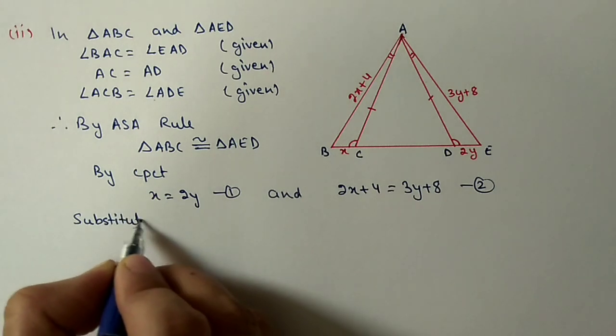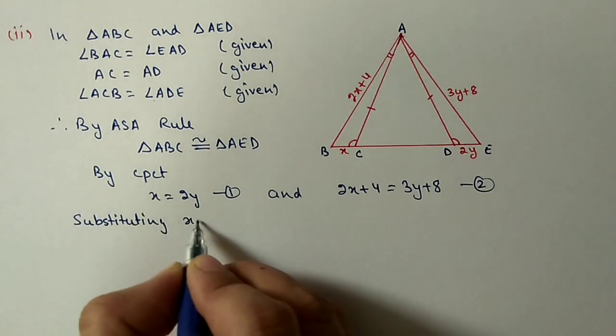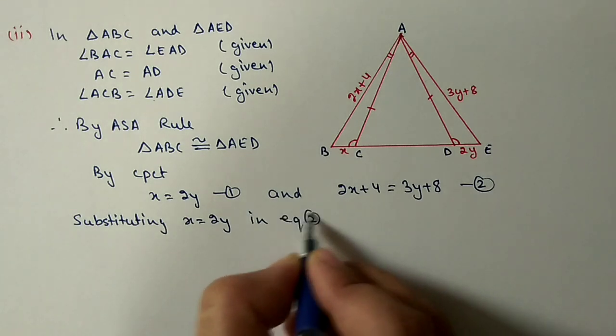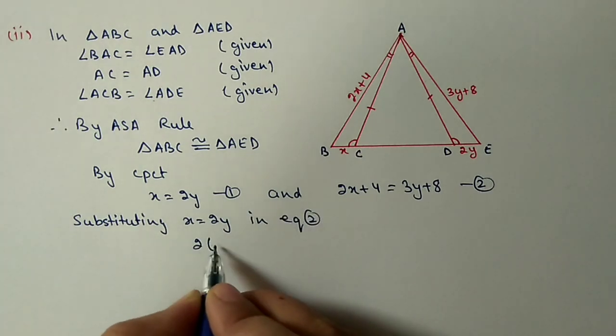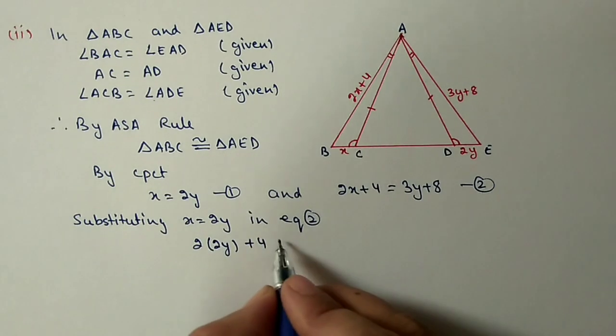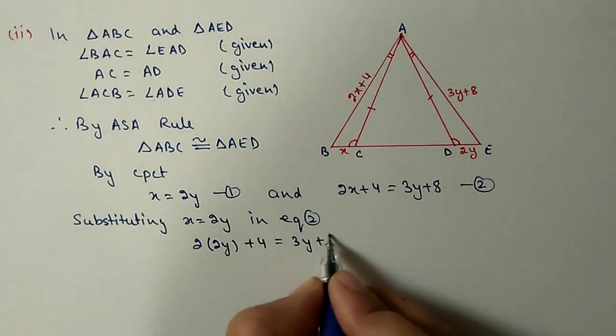Substituting x equal to 2y in equation 2, we will get, in place of x write 2y, so 2 times 2y plus 4 equal to 3y plus 8.